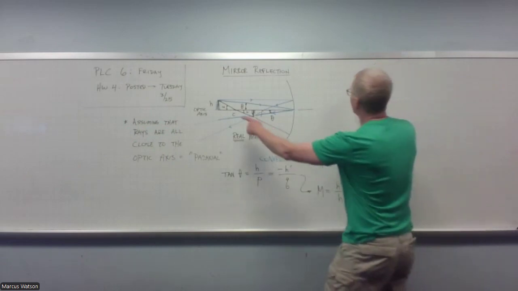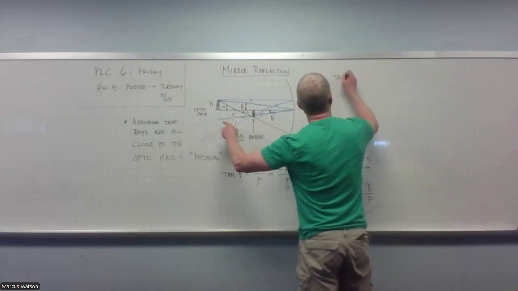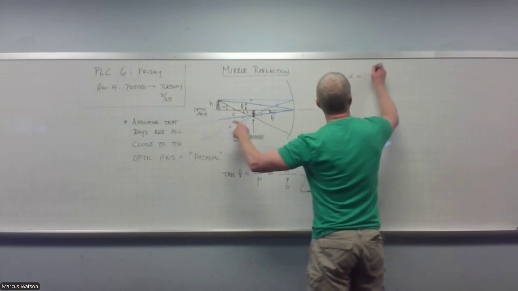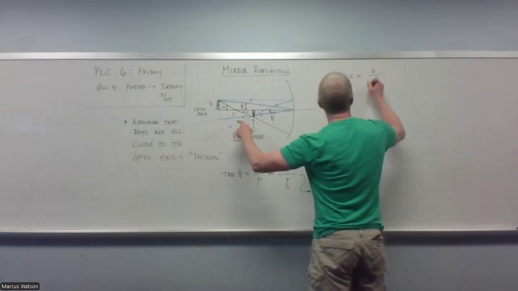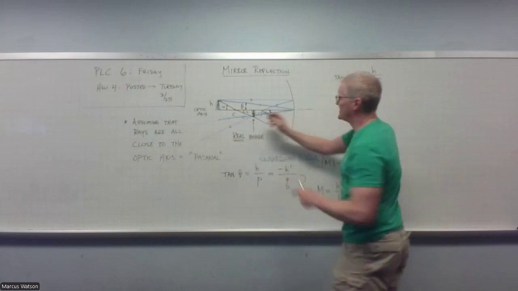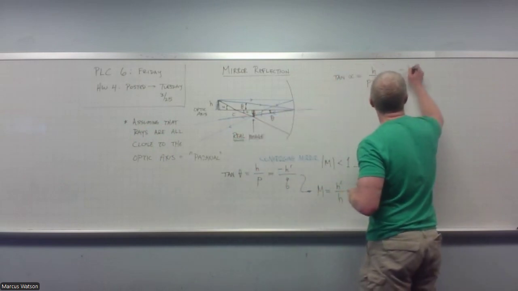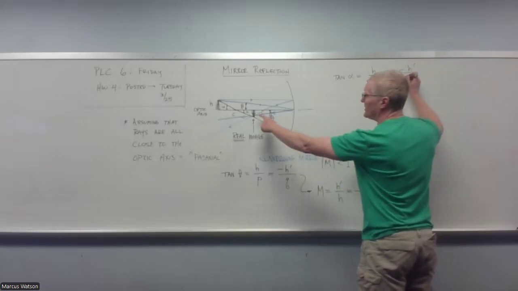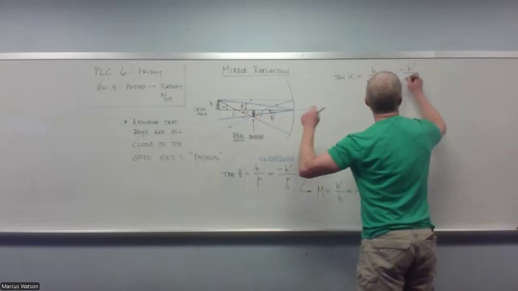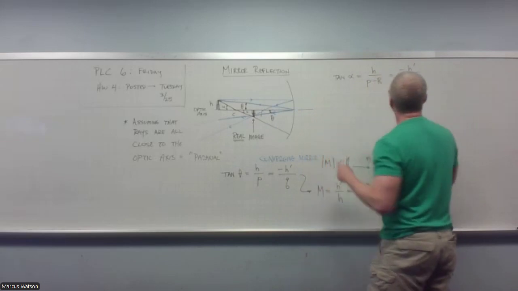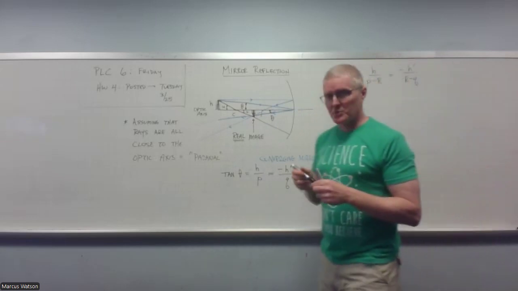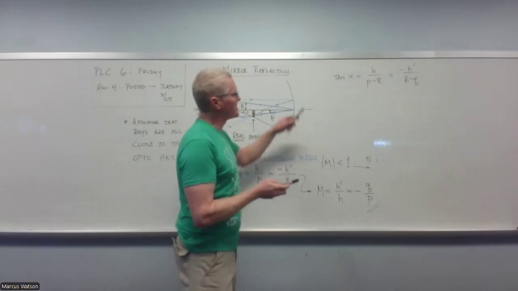Okay, so if I do that, I'm going to have tangent of alpha equal to h divided by p minus r, because the center point is at the r distance, and that should equal negative h prime times r, but minus q, like this.